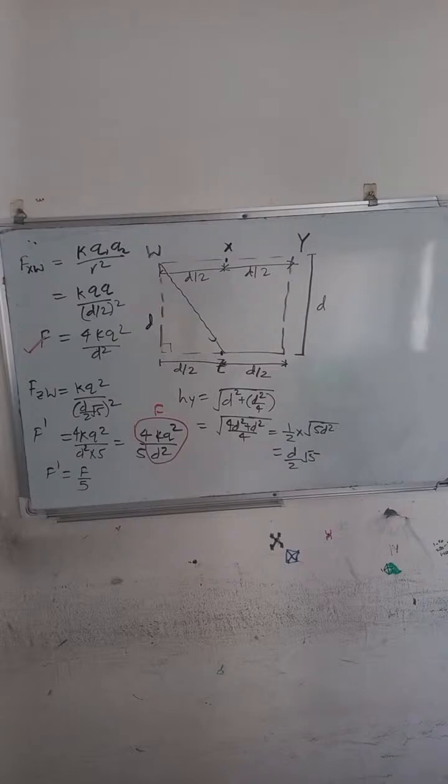The net charge on the object becomes: first option, minus 0.80 coulomb; B, plus 0.80 coulomb.